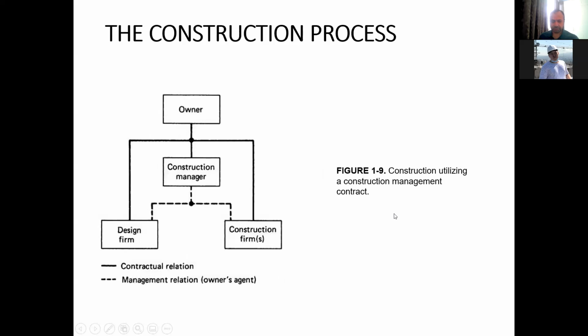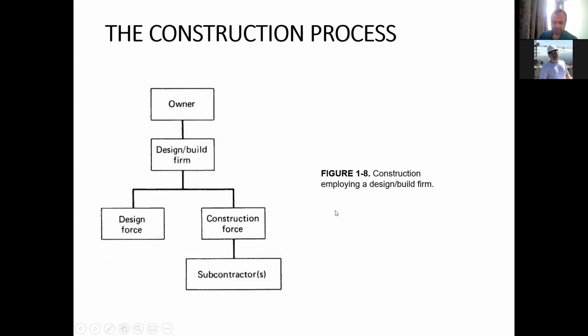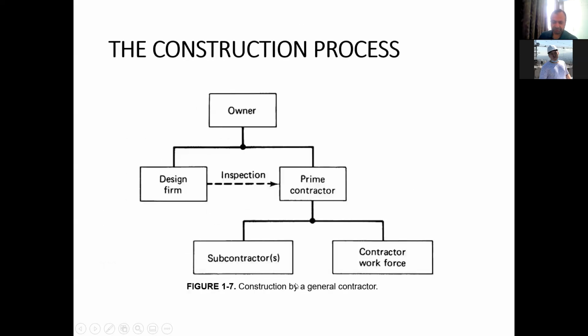Okay. And then there is the construction management contract. Here you can see that in the construction management contract, the owner has 3 separate contracts, just like in general contracting.